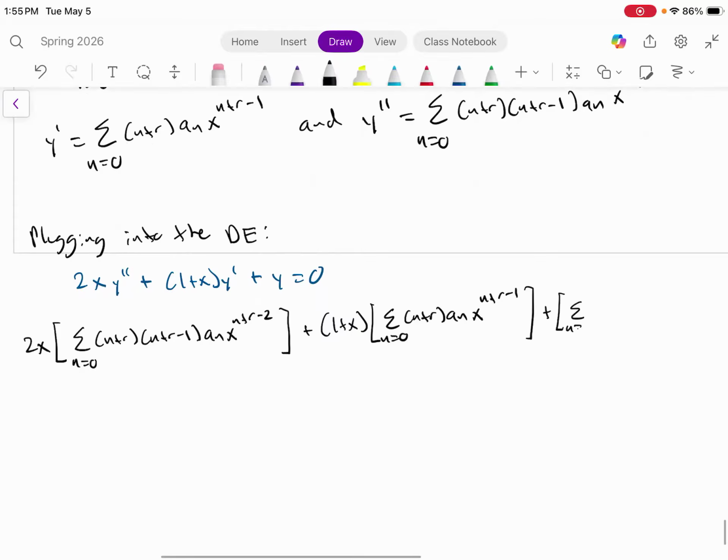Power series starting at n equals 0, a sub n, x to the n plus r, and it all equals 0.